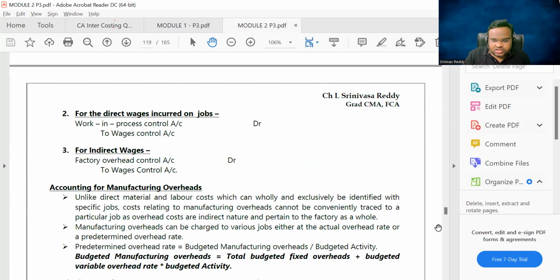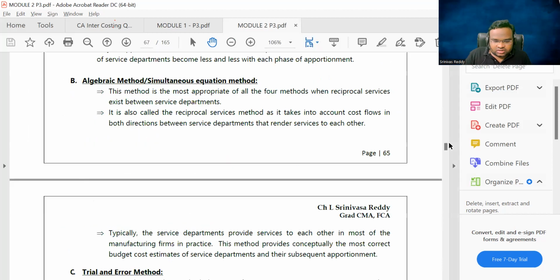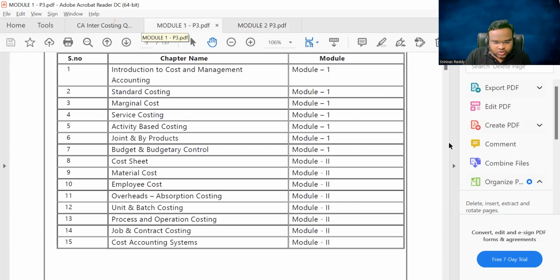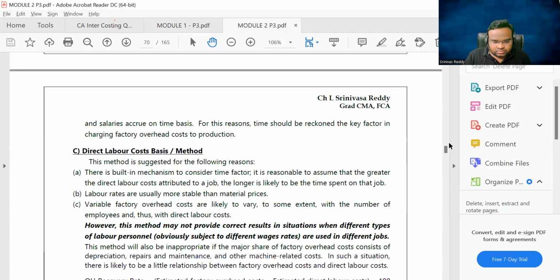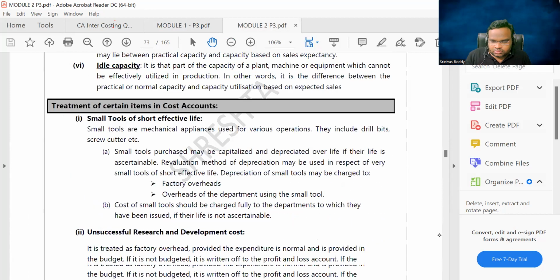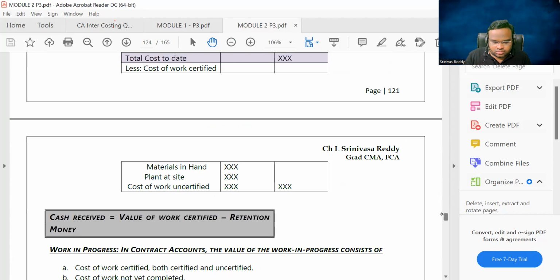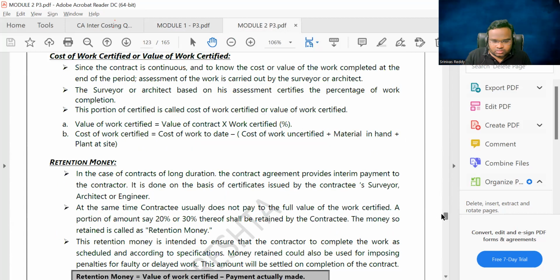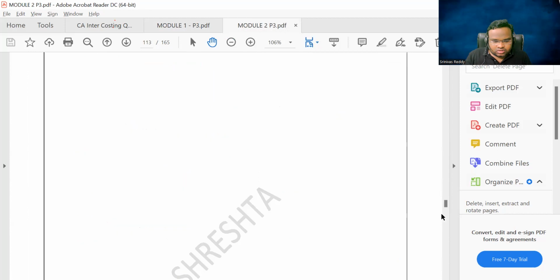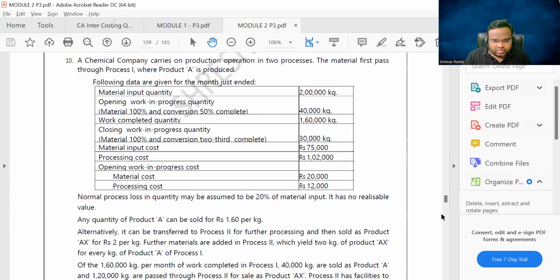If we go to the process costing chapter, process costing is in which chapter? Chapter number 13.